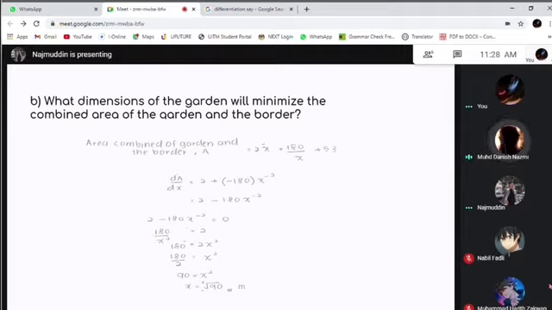After we differentiate the equation, we will get 2 minus 180 times x to the power of negative 2. Next, we need to equate the answer to 0. After that, we do as usual. Then we will get plus and minus square root of 90 meter.